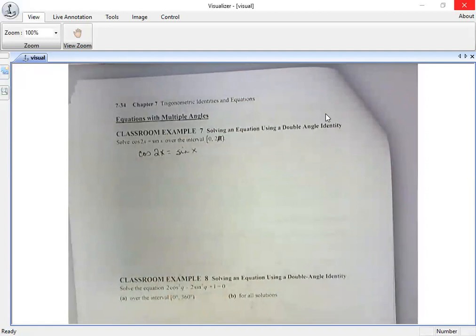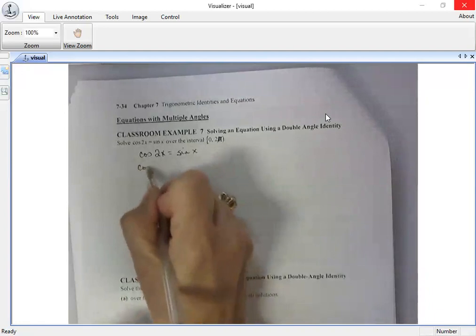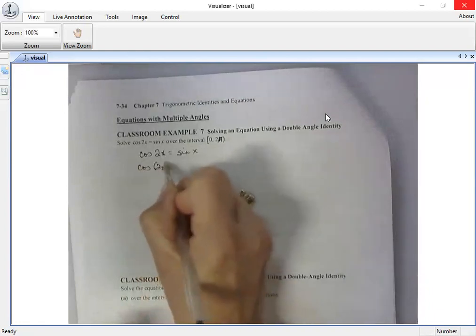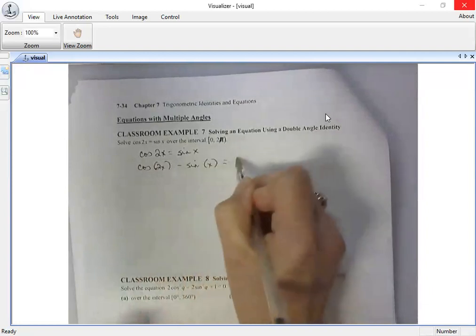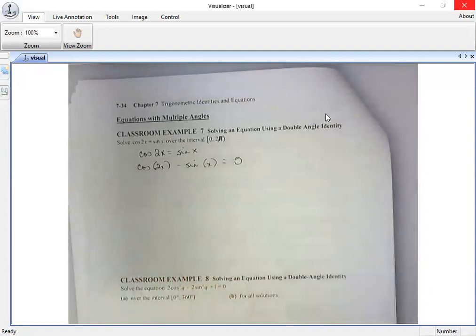It's not equal to 0, and how many different trig ratios do you see? 2. So you want to go ahead and set the thing equal to 0? You guys good with that? Nobody disagrees, right? Okay, so this would turn into cosine of 2x minus the sine of angle x equals 0 if I subtract sine of x from each side.